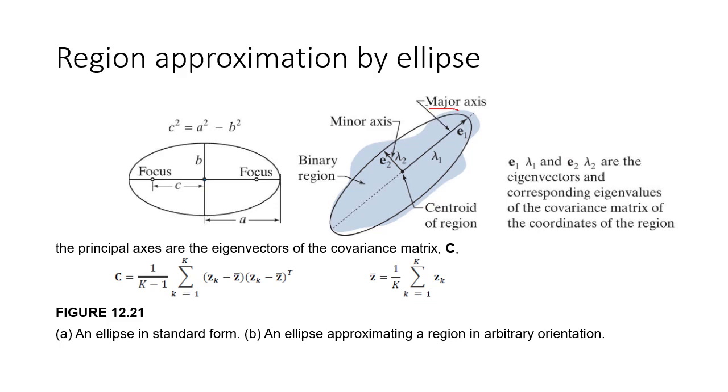We could also calculate the minor axis, and the lengths are shown here by lambda 1 and lambda 2 for the major and minor axis. The direction is shown by what is called the eigenvector, which is denoted by E1 and E2.